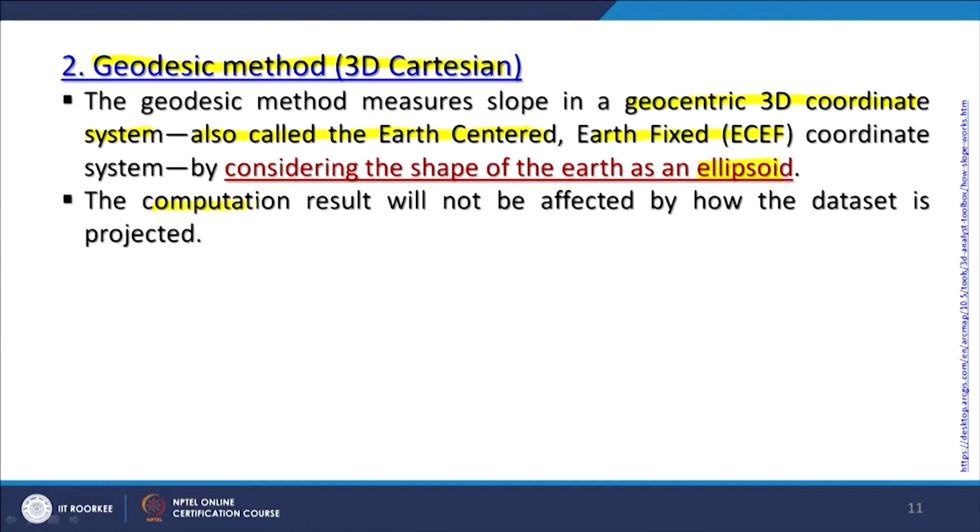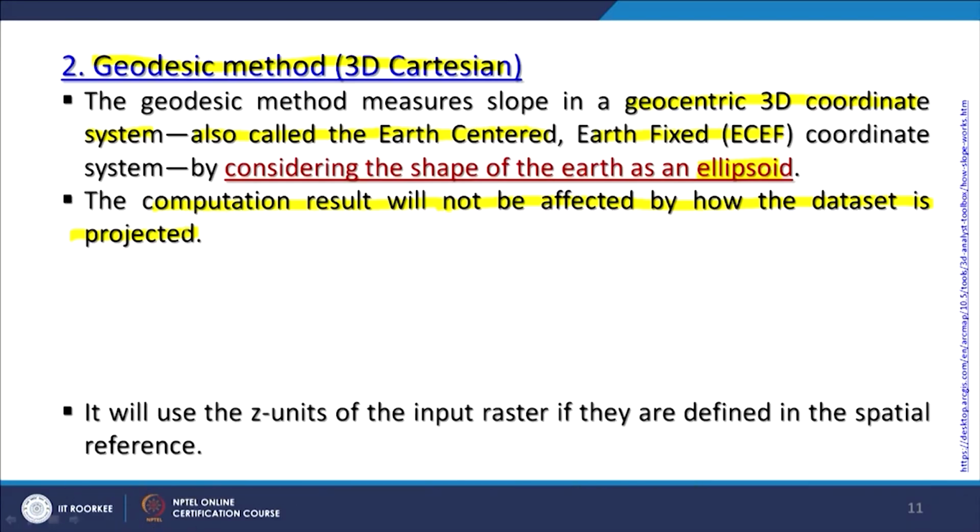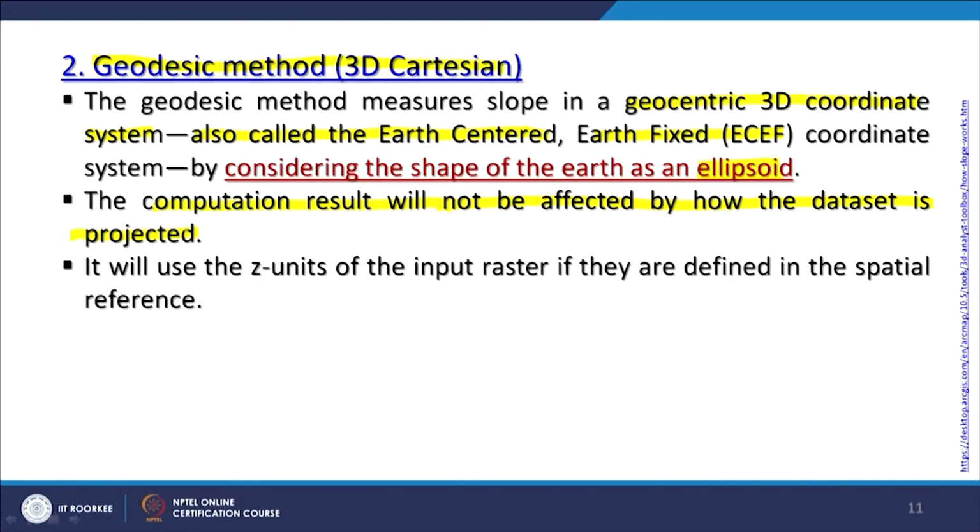So, the computed results will not be affected by how the data set is projected. In the case of 2D Cartesian or planar calculations, the data is first projected onto a 2D plane and then the calculation is done. Here, no matter how the data is projected, it will do the calculation.